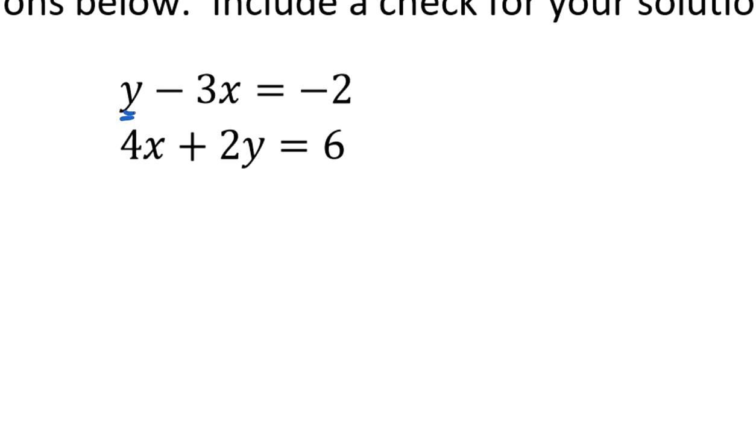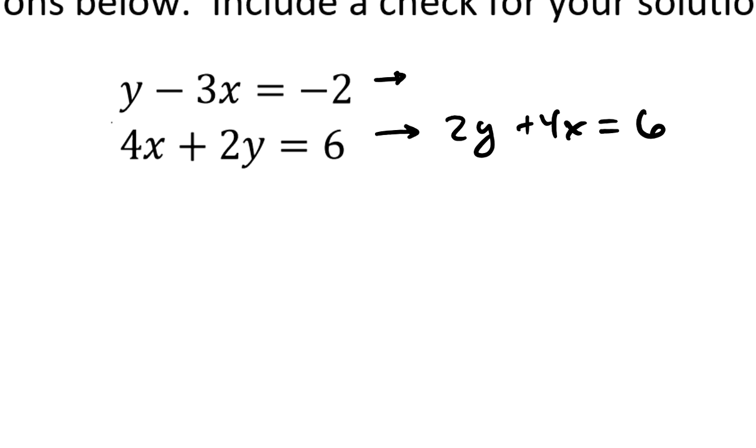I think I'm going to reorder this just once. Let me rewrite this as 2y plus 4x equals 6. So I've got the y and then the x and then the 6. And you can see this matches up above. I've got y minus 3x equals -2.